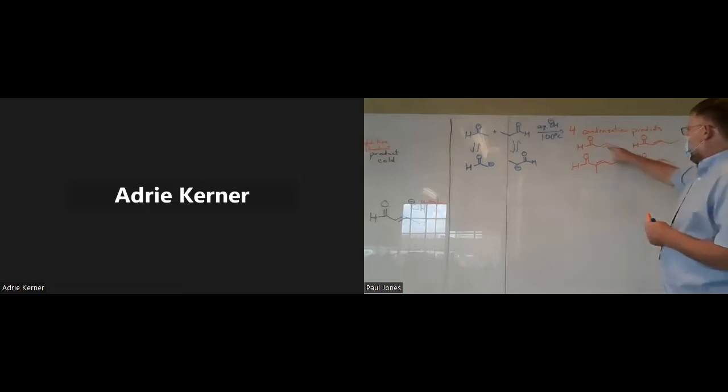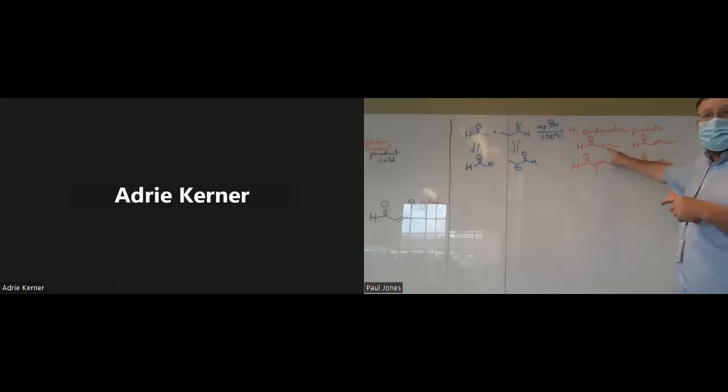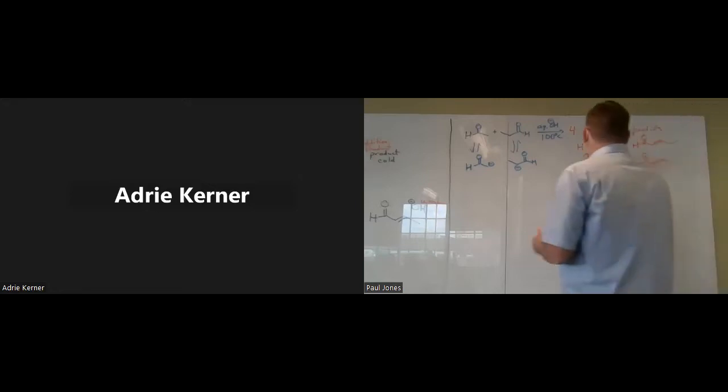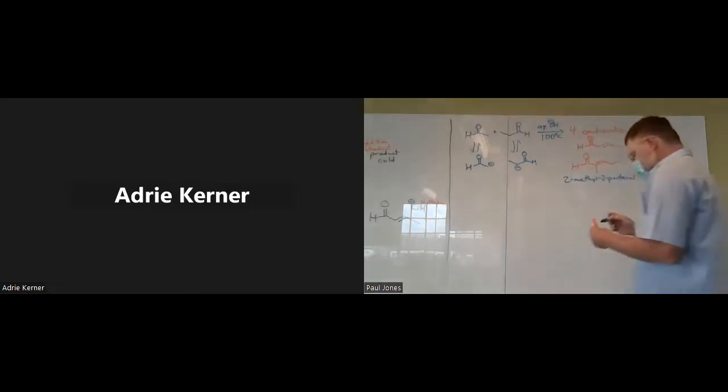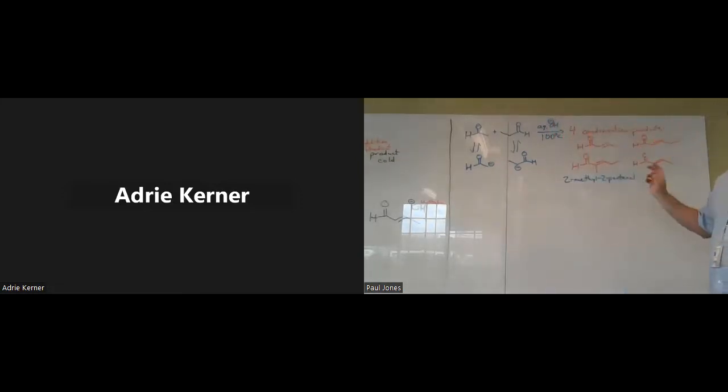I get crotonaldehyde by taking acetaldehyde through this reaction. Crotonaldehyde is dirt cheap because acetaldehyde's cheap, hydroxide's cheap. We can make this really easily. Whereas this compound, 2-methyl-2-pentenal, is also cheap because propionaldehyde's cheap and hydroxide's cheap.